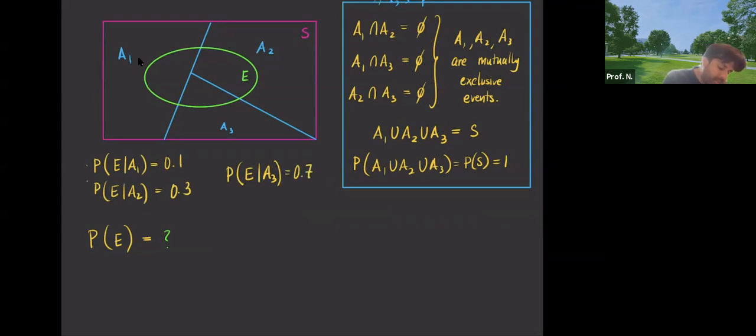So you have these conditional probabilities. You also have the probability that A1 occurs, which is 0.1, the probability that A2 occurs is 0.4, and the probability that A3 occurs is 0.5.